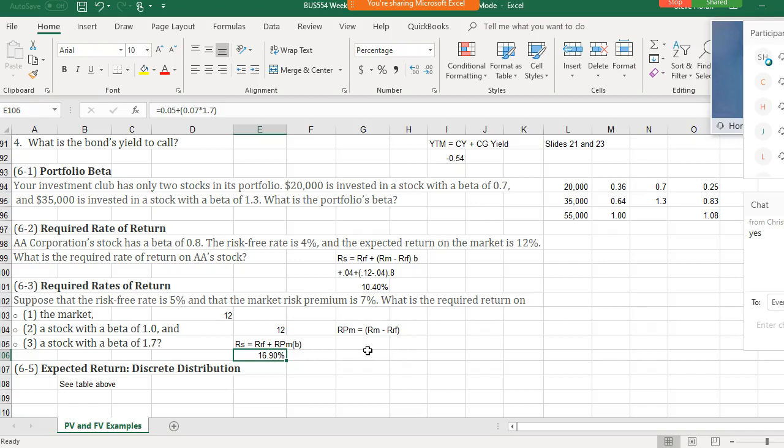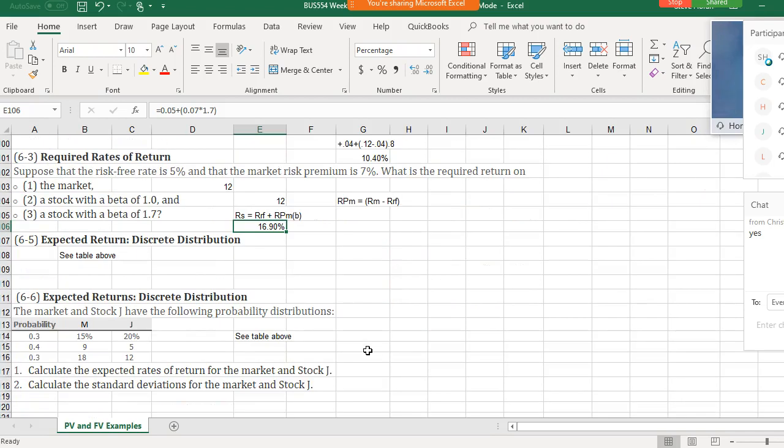Now what the chapter does from there is it moves on to how to calculate distributions. The first half of the chapter talks about beta and the CAPM and that calculation. Then it moves on to what they call expected returns, and we have probabilities.